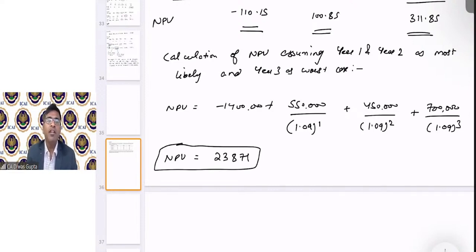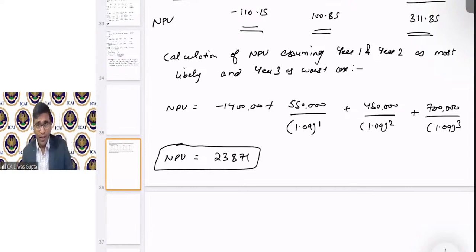And in that, we further bifurcated into real and nominal. We said that nominal includes inflation, real does not include inflation, whether we talk about interest rate or cash flows. Then we said that changes in technology as well as changes in government policy have impacts on capital budgeting.